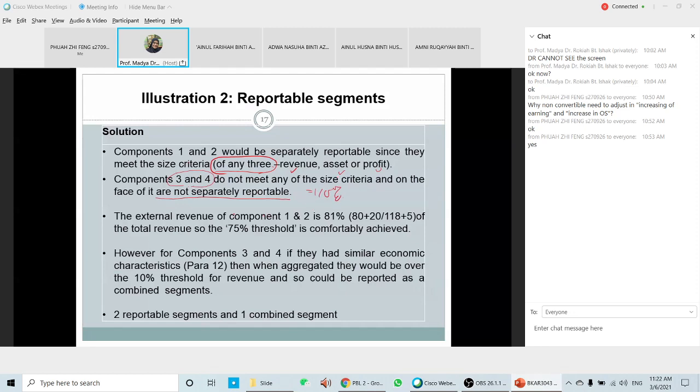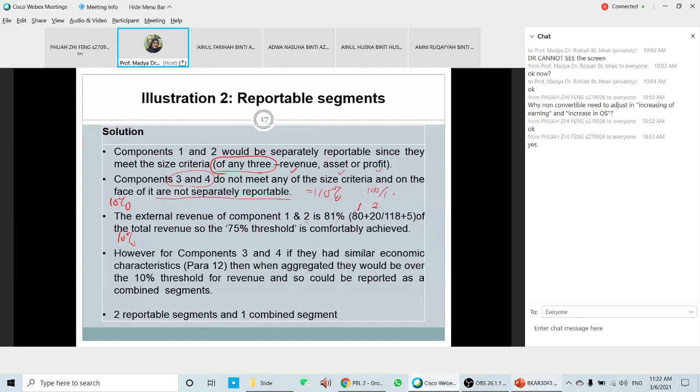Okay, so after the 10% test, the external revenue for component 1 and component 2 is considered for the 75% test. So the first one tests for 10%, the second one tests for the external revenue. The external revenue that you have here is 80 from component 1 and 20 from component 2, so altogether you have 100.